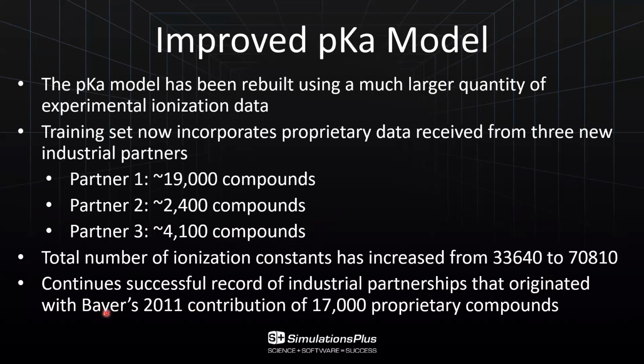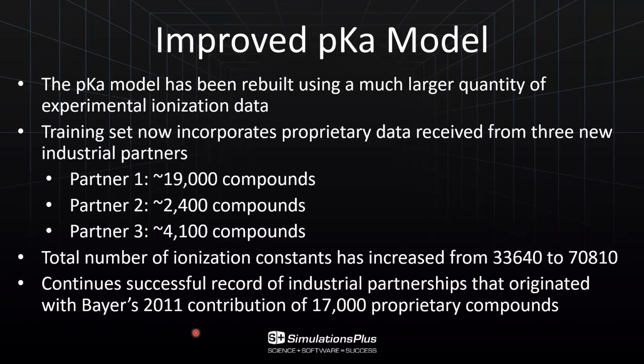So this latest work is continuing our successful track record of industrial partnerships that originated back in 2011 when Bayer Pharmaceuticals contributed around 17,000 proprietary compounds. That was about 20,000 ionization constants.